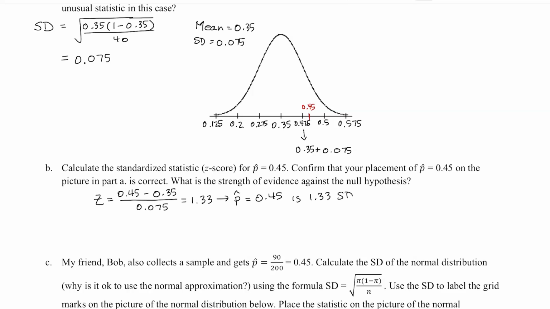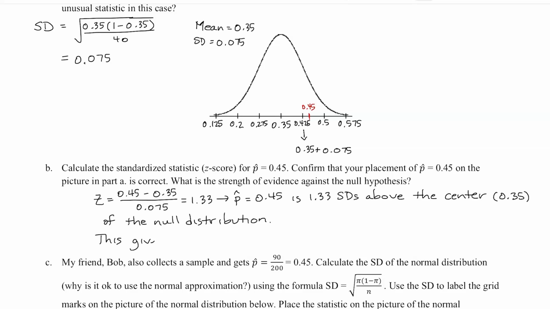So that's saying the p-hat of 0.45 is 1 1/3 standard deviations above the center. That's 0.35 of the null distribution. So I've gone 1 1/3 grid marks above center, which is where my red 0.45 is placed. It's at, starting from center, 1 1/3 grid marks above the center.